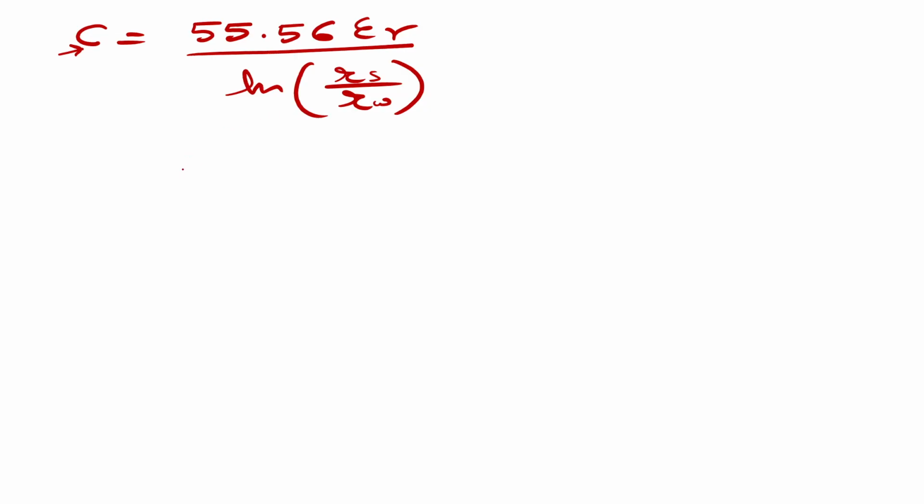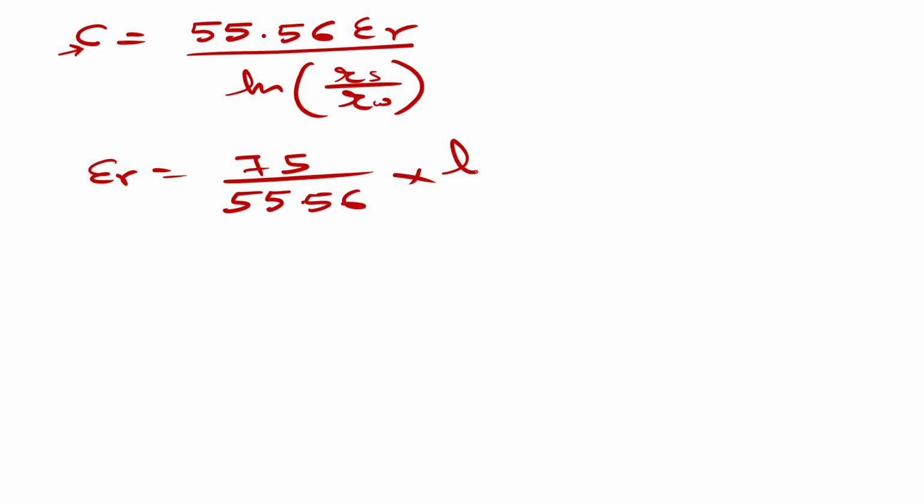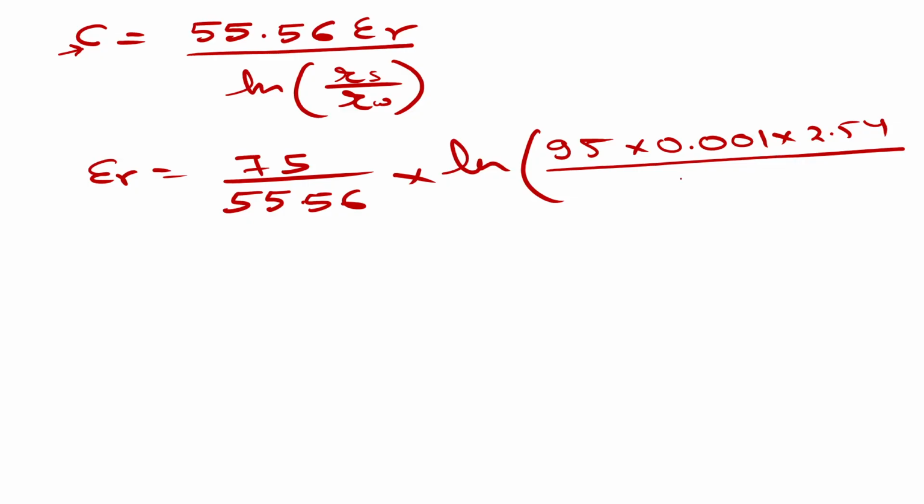When we solve this, we get epsilon r as 75 divided by 55.56 into ln of 95 into 0.001 into 2.54 divided by 0.025, and we get epsilon r as 3.06042.